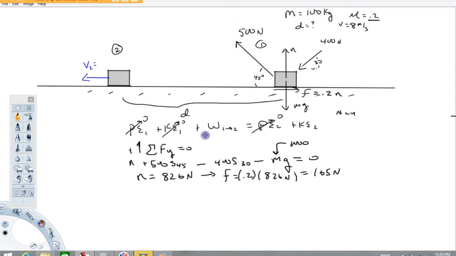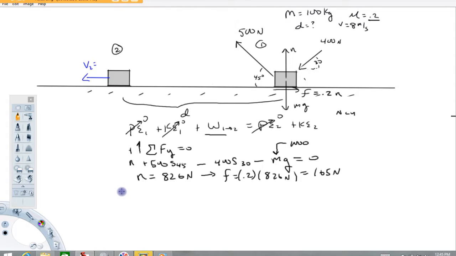And now we're ready to go ahead and calculate this work term. There are two ways we can handle this. We can either do the work terms independently, or we can just add up the x components of all these forces. I think that's what I'm going to do. I'm going to find the net force to the left, and then just multiply it by distance.